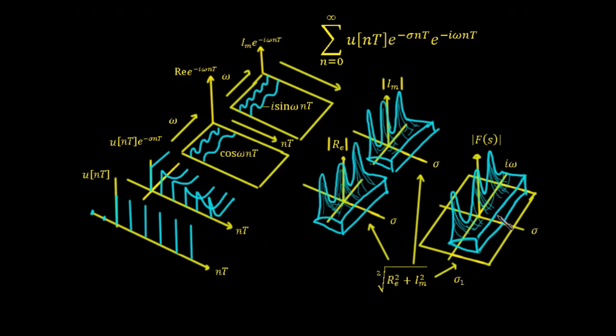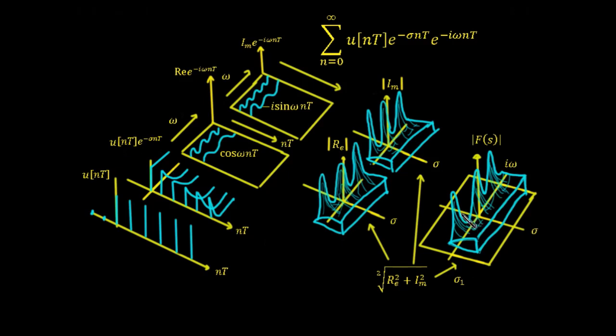Now the point about this here is that we only need to pick one particular surface here. So we could take a cut along here at any point, and we can generate the original time domain signal by just taking one value of sigma. Now another thing to note is that whenever we integrate with respect to frequency, we only need to integrate over one of these periods, because we know that the discrete time Laplace transform surface here is going to be periodic.